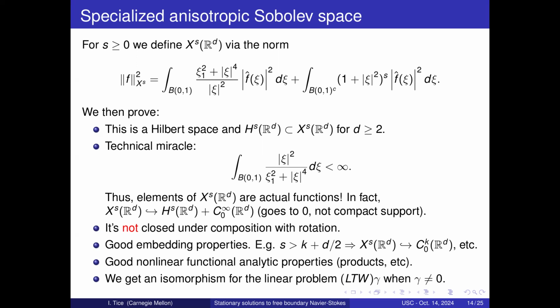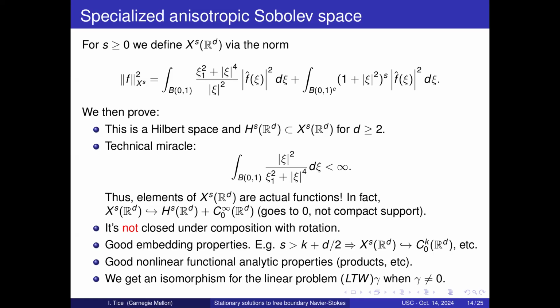Okay. Then, because we need to use this with an implicit function theorem argument, we need to prove lots of functional analytic properties of this space, at the linear level and at the nonlinear level. So we need embedding properties, which continue to hold. We need some nice product and composition structure. At some point in this story, we also needed to prove that this space is an algebra, and we characterize when that is true.